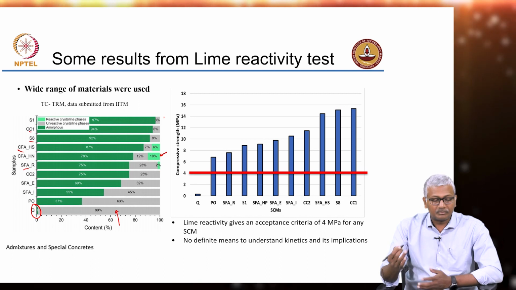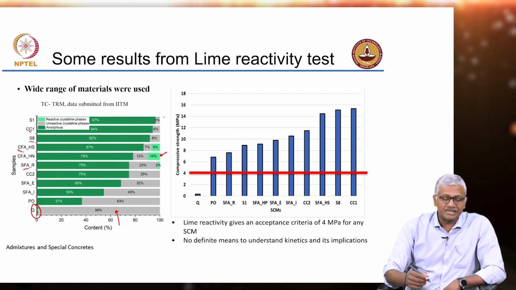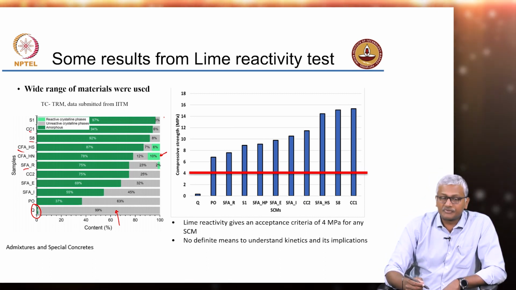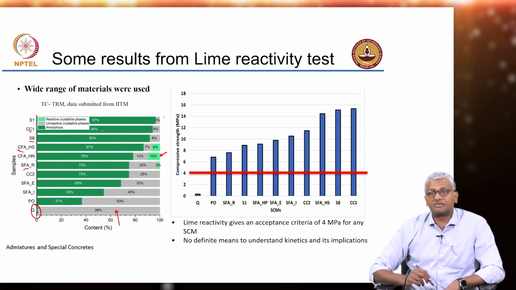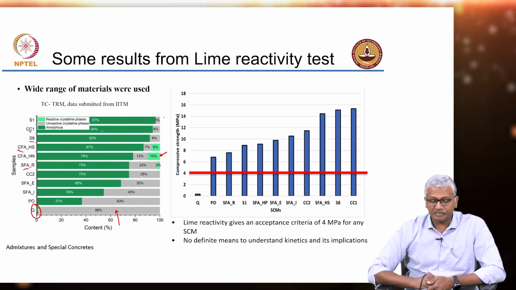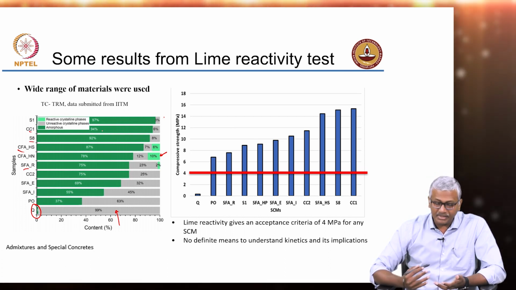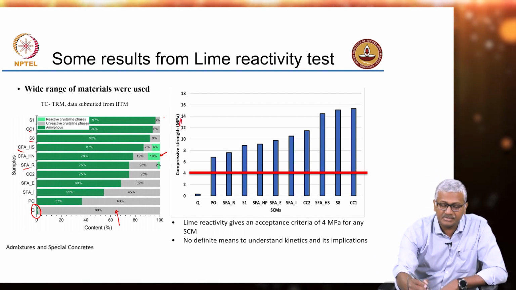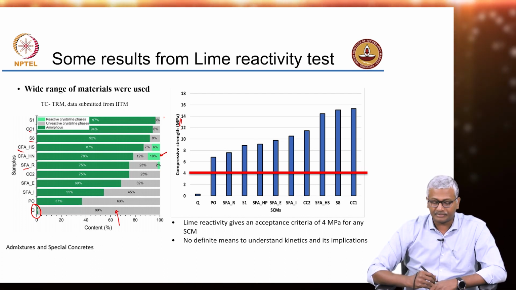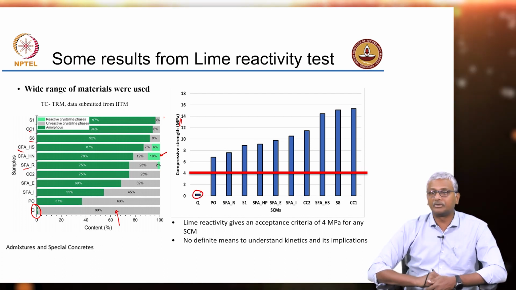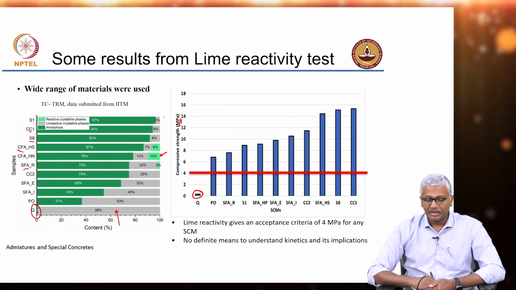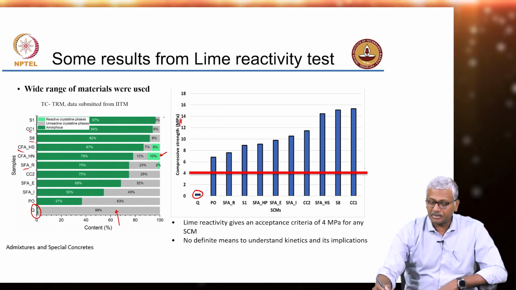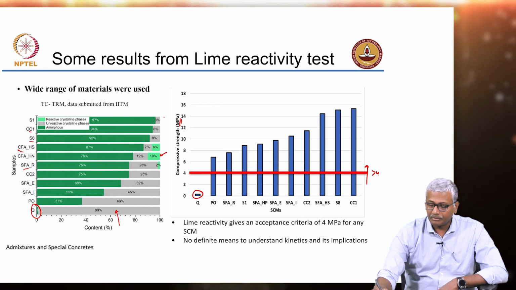But for the most part, what you see is the extent of amorphous phases varying from nearly 0 all the way up to 97% among all the materials that have been supplied for this test. And what you clearly see is the compressive strength in megapascals as exhibited by the lime reactivity test. For quartz it is almost nothing, less than 0.5, but all other pozzolanic materials are crossing this 4 MPa mark.